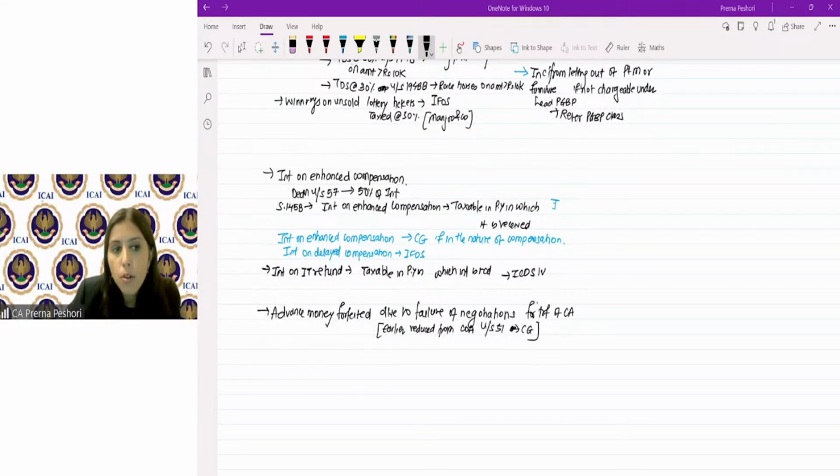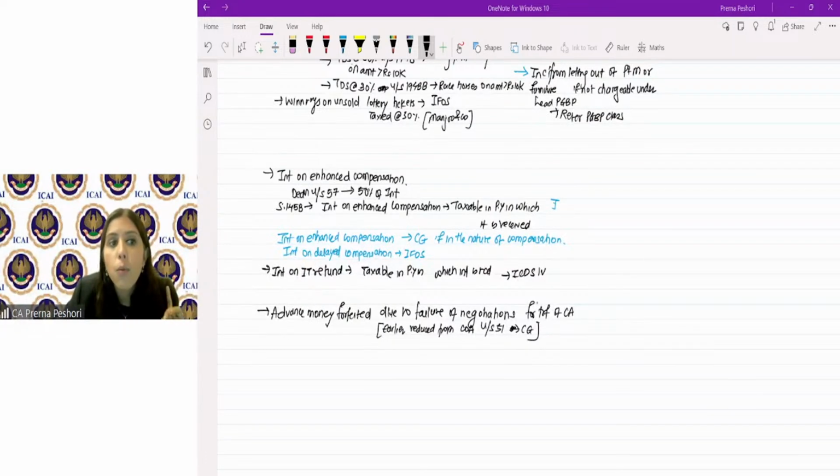Third is any sum received by the assessee as employee contribution, if it is not chargeable under the head PGBP.